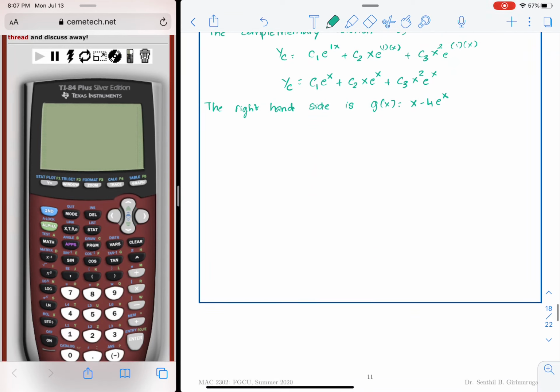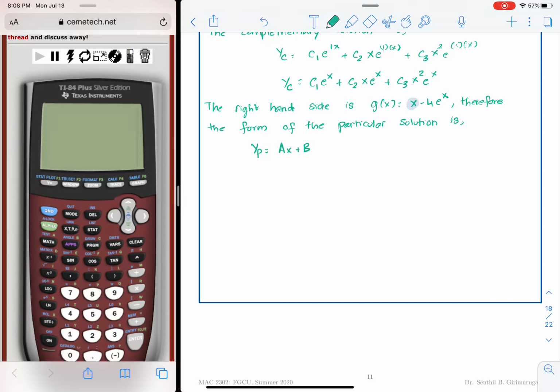So I look at, therefore, the form of the particular solution is yp. I have a linear term, so I have to put ax plus b.